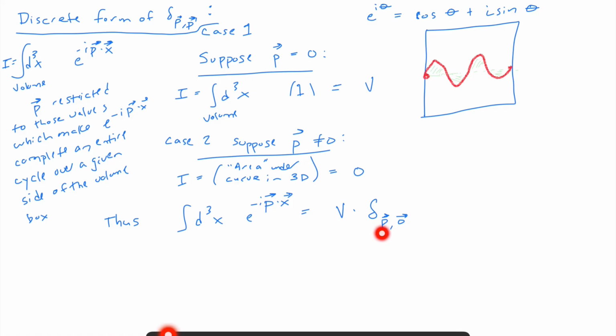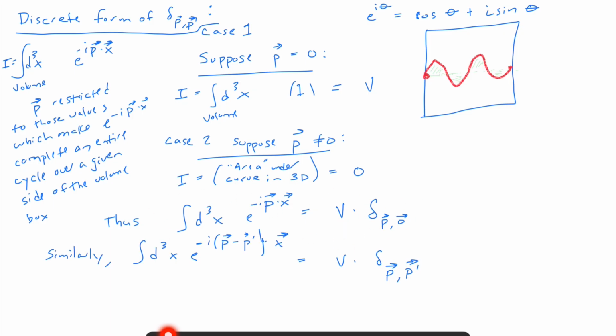Meaning that if p is equal to 0, these two terms match, this thing gives you 1, and this whole expression is equal to v, which is this right here. But if p is not equal to 0, then you take the integral d third x of this, and you end up getting 0. So if p is not equal to 0, this thing equals 0, and 0 times v is 0. So this is the important expression that we get from that.